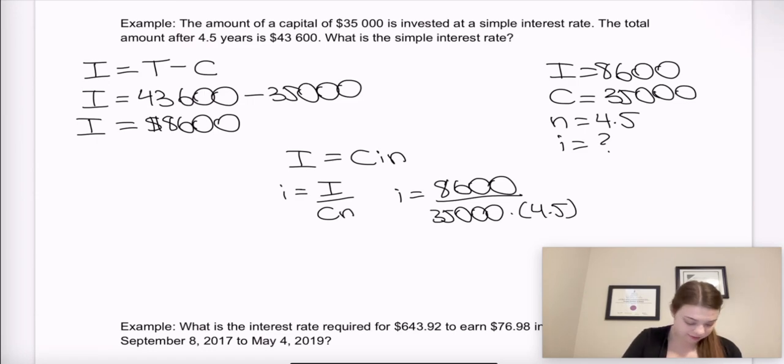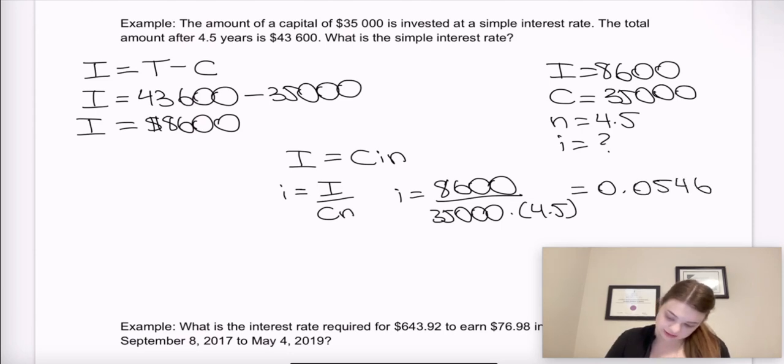Let's figure out what that is. 35,000 times 4.5 gives us 157,500. And that's going to give us about 0.0546.